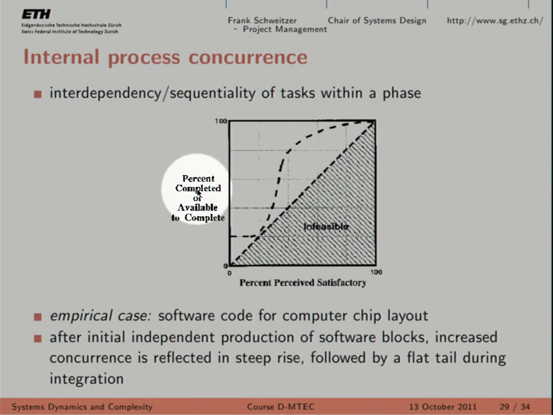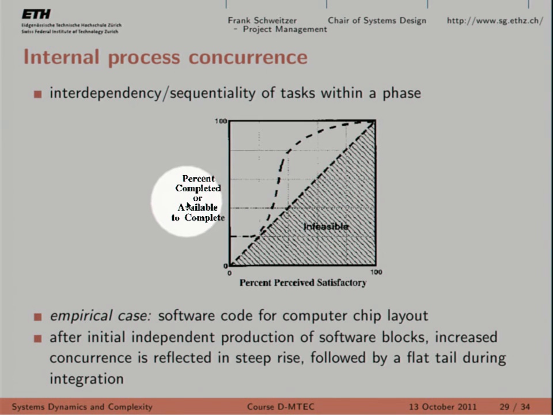For instance, take a software product; in fact, this curve is an example from a software product. In that particular example, it was split in different blocks. Normally you don't do big software projects at one time. They're split in different blocks, and ideally all the blocks can be done concurrently in parallel, right? This is the design or implementation phase. All of them could be done concurrently. This is the ideal case.